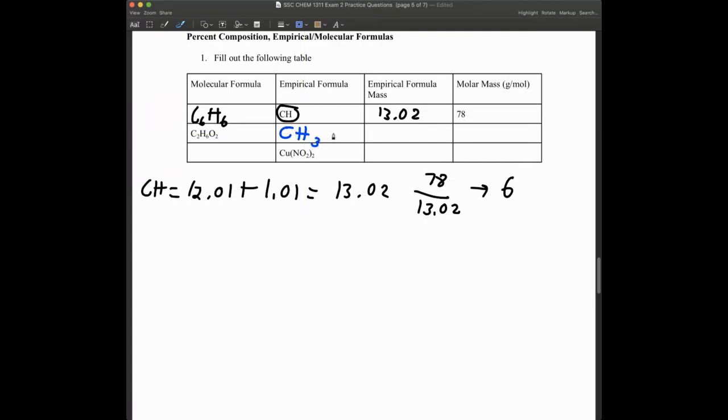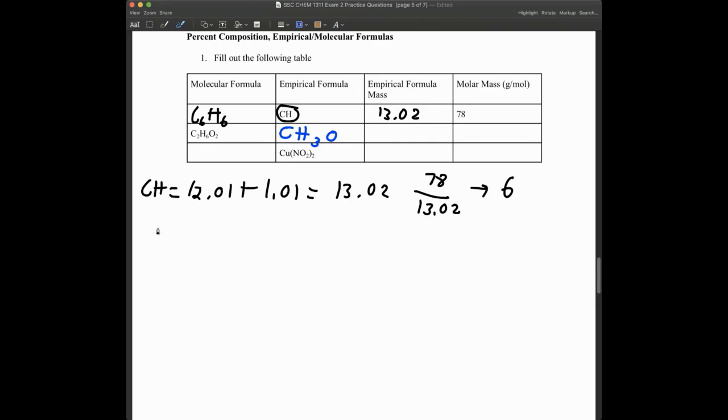Perfect. So how do I find the empirical formula mass for CH3O? Do we find the molar masses for each element? C is 12.01. Yeah. So essentially, what numbers are we going to calculate for the empirical formula mass?